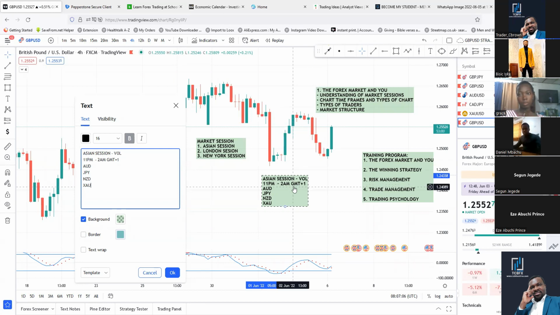It's for those that are busy working. You don't have time in the day, but you can squeeze out some hours at night and then trade, and after 2 a.m. you go to bed and sleep. If you can do this, stick with this, you will not be complaining about not being able to trade Forex.